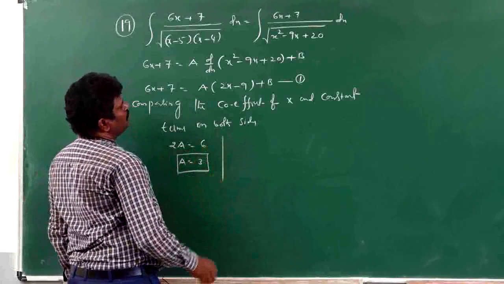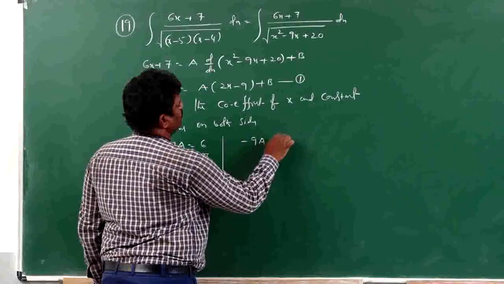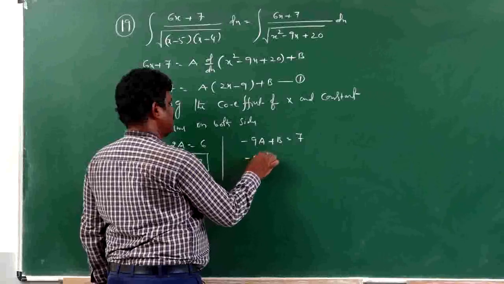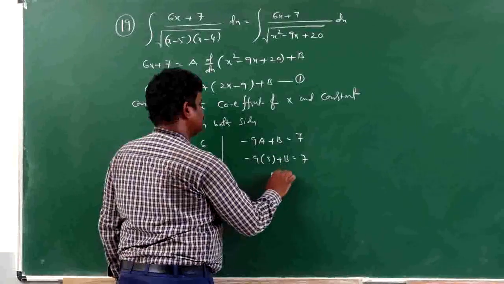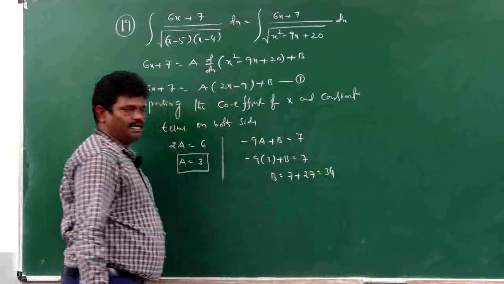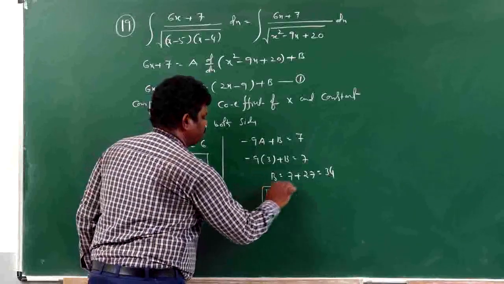Next see, here minus 9a plus b is equal to 7. Next, minus 9 into 3 plus b is equal to 7. Then b is equal to 7 plus 27, that is equal to 34. So b value is equal to 34.